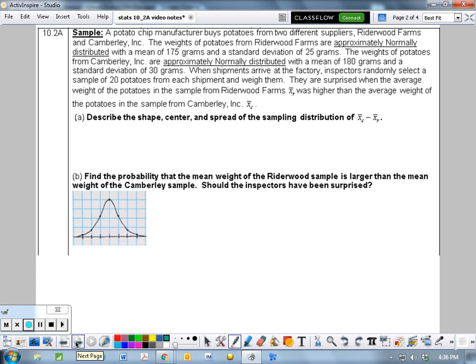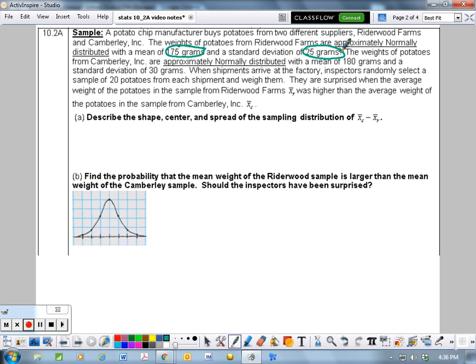So a potato chip manufacturer buys potatoes from two different suppliers, Riderwood Farms and Camberley Inc. The weights of potatoes from Riderwood Farms are approximately normally distributed with a mean of 175 grams and a standard deviation of 25 grams.